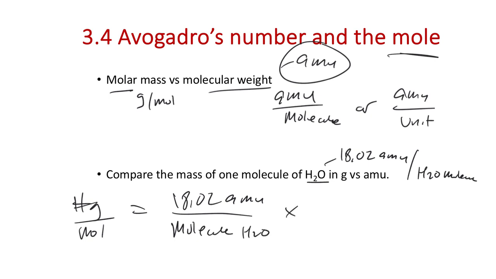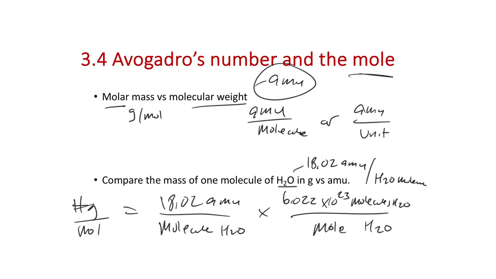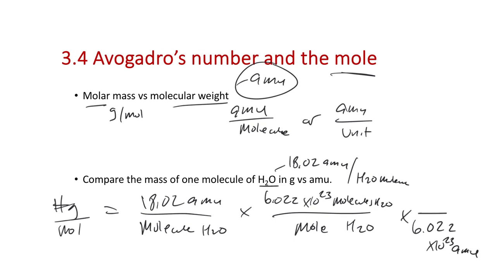Then we can use Avogadro's number. If we want to convert to per mole, we have an Avogadro's number of molecules per mole. So 1 mole of water is an Avogadro's number of water molecules. And then our AMU mass converts into grams with that same Avogadro's number: we have an Avogadro's number of AMU in 1 gram.